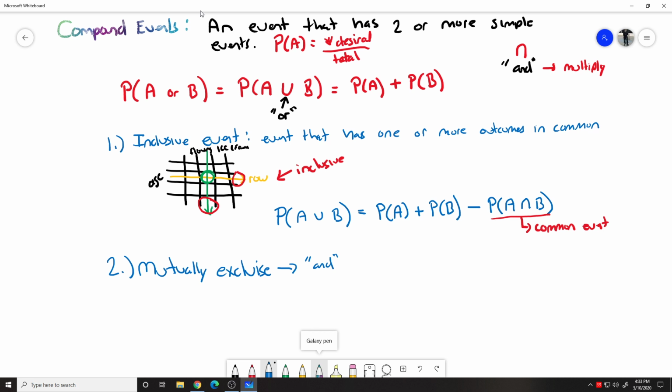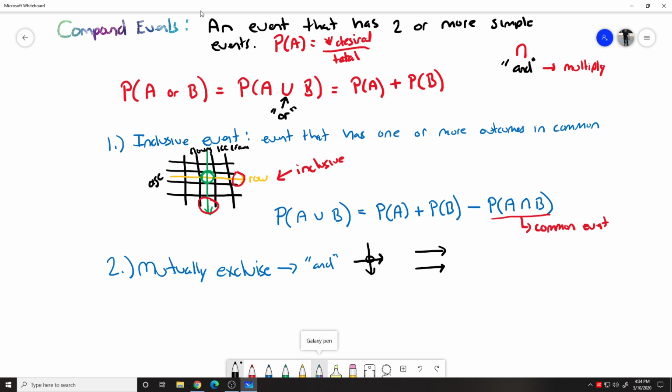So if you're using the word and, then by definition, for it to work, you have a row and a column, and these things overlap somewhere. If you ask a question where they're both rows in your data, then we have a situation that we call mutually exclusive.